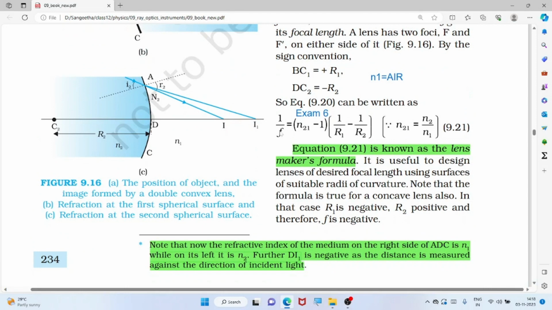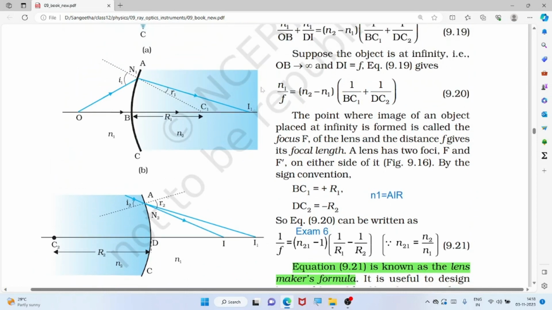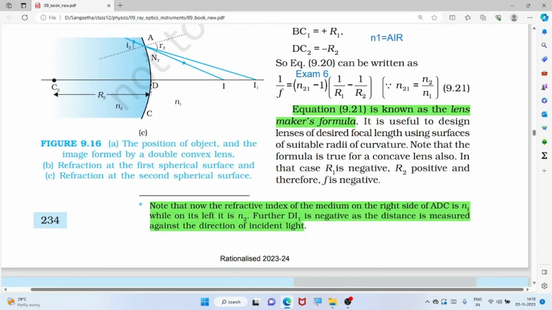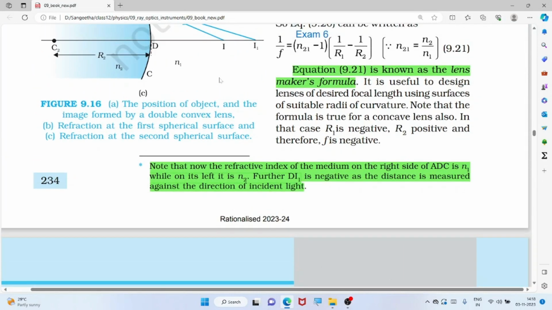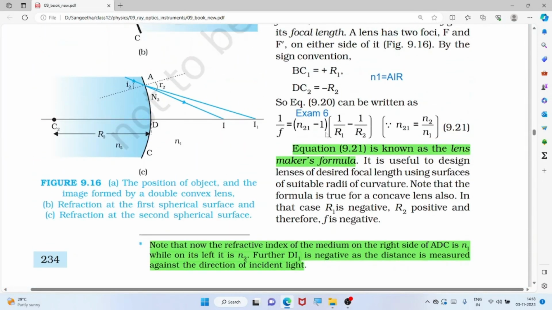Actually 1 by f equals (n12 minus 1), and here n1 is the refractive index of air, n1 equal to 1. This is the lens maker's formula. R1, R2 are the radii of curvature of the lens surfaces 1 and 2. Even if you interchange the object position to the other side, the focal length won't change as per this formula.